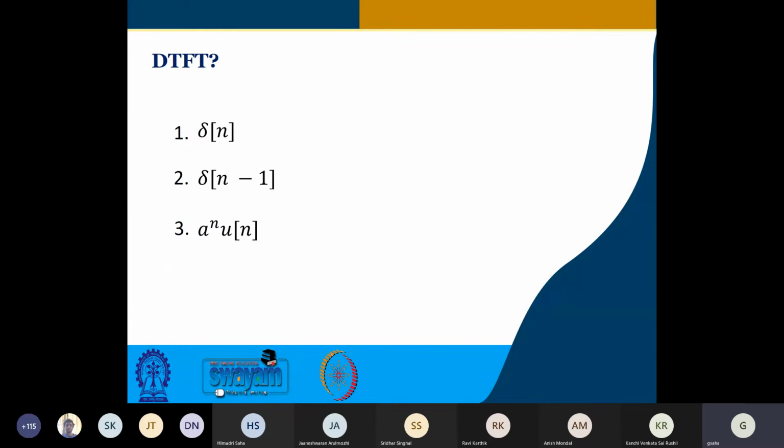Now give me the DTFT of these three. Write down in the chat box. Delta(n minus 1), a to the power n u[n]. DTFT definition all of you have noted.